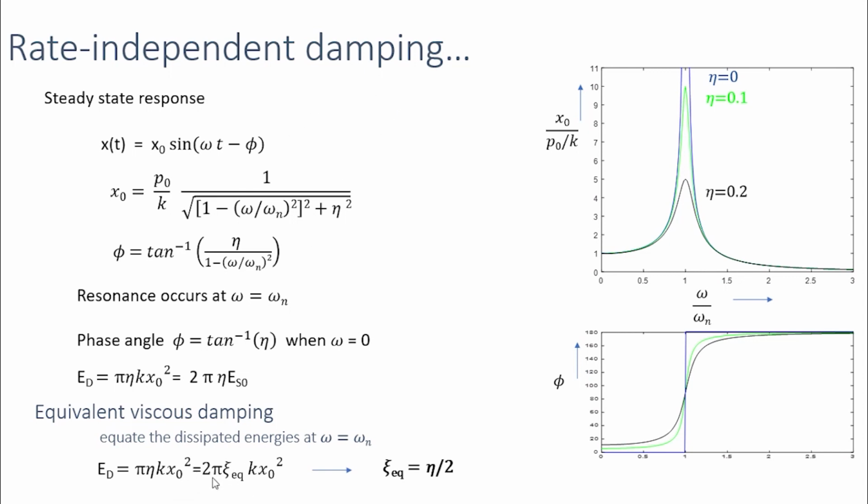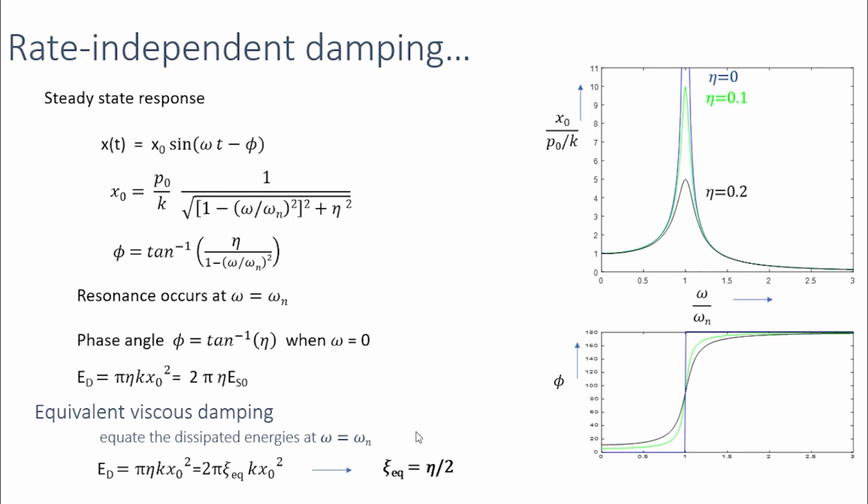If we solve this, we get zeta equivalent equal to eta by 2. That means the energy dissipation due to rate independent damping can be represented by viscous damping if we consider an equivalent viscous damping ratio given by eta by 2.